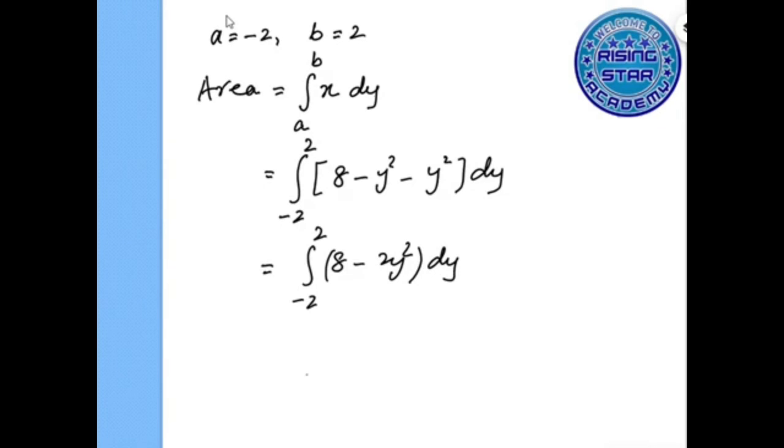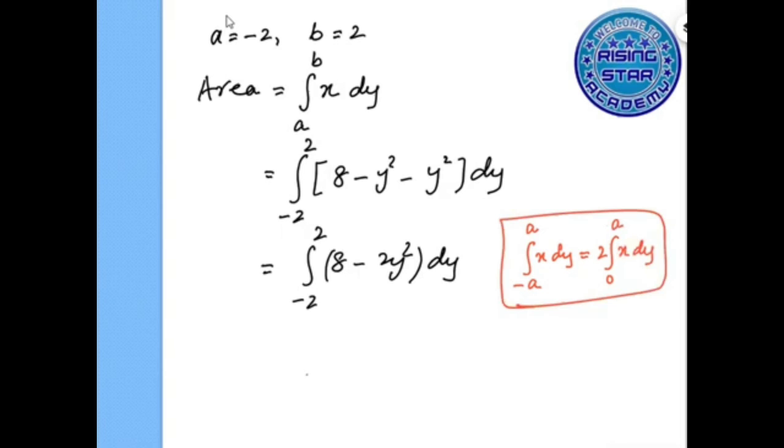Before solving, here I would apply a rule, that is, if we have a lower limit -a to +a, that means the similar limit with y dx or x dy, so we can write it like this: 2 times 0 to a x dy.